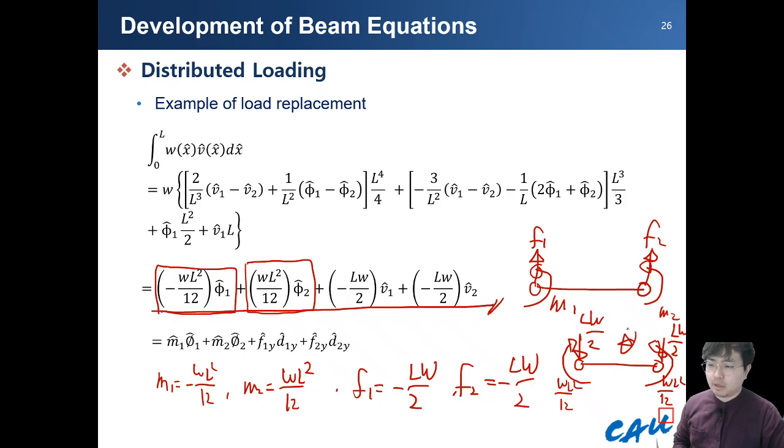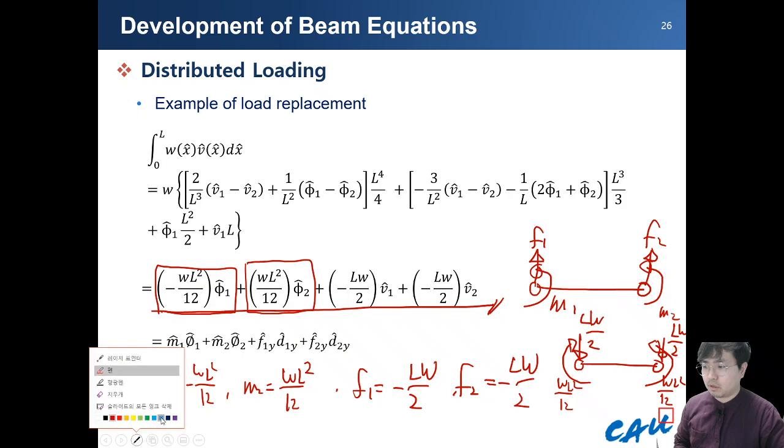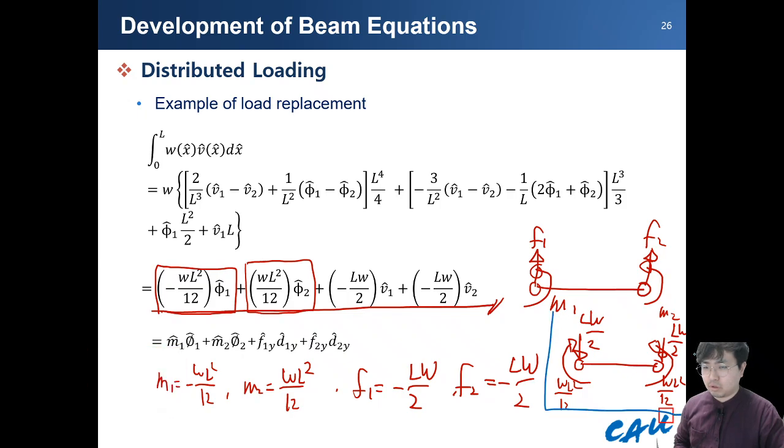This is how to change to the equivalent nodal process. In a truss element we don't need to do this, because all external forces can act on the specific node points, so generally we apply those kinds of forces directly.